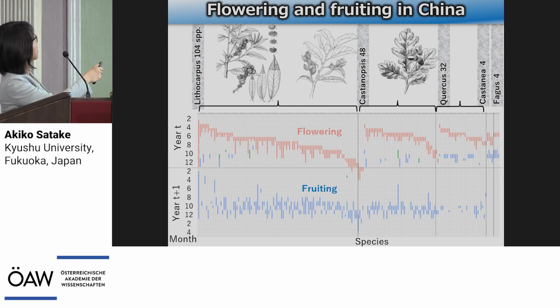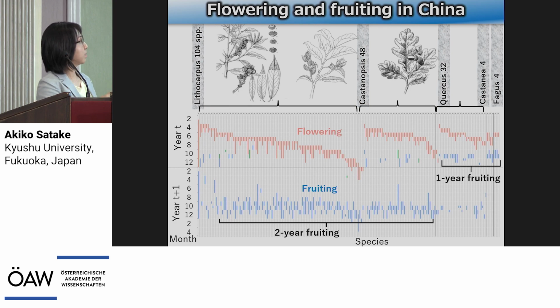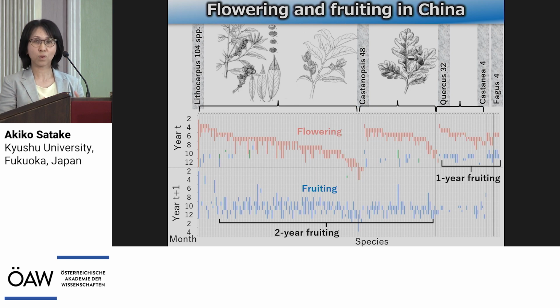Some species flower in spring, but some flower in autumn. But fruiting time is highly synchronized across species, and the majority of species are two-year fruiting in Lithocarpus and Castanopsis. But in Quercus, many species are one-year fruiting, and in Castanea and Fagus, all species are one-year fruiting.